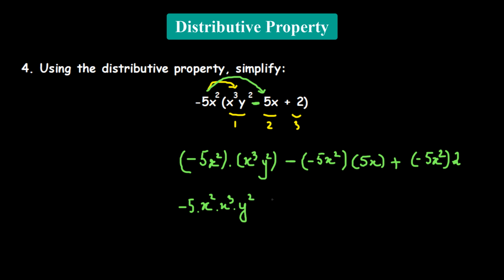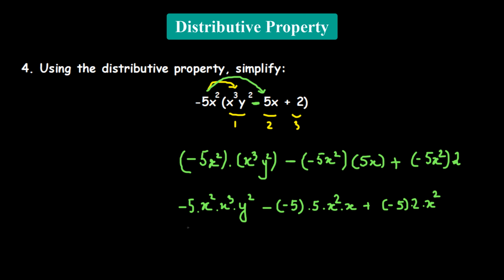Then we have negative of negative 5, so first, okay, we'll work out with it in the next step. So we have negative multiplied to negative 5 times 5 times x squared times x, plus negative 5 multiplied to 2 multiplied to x squared.